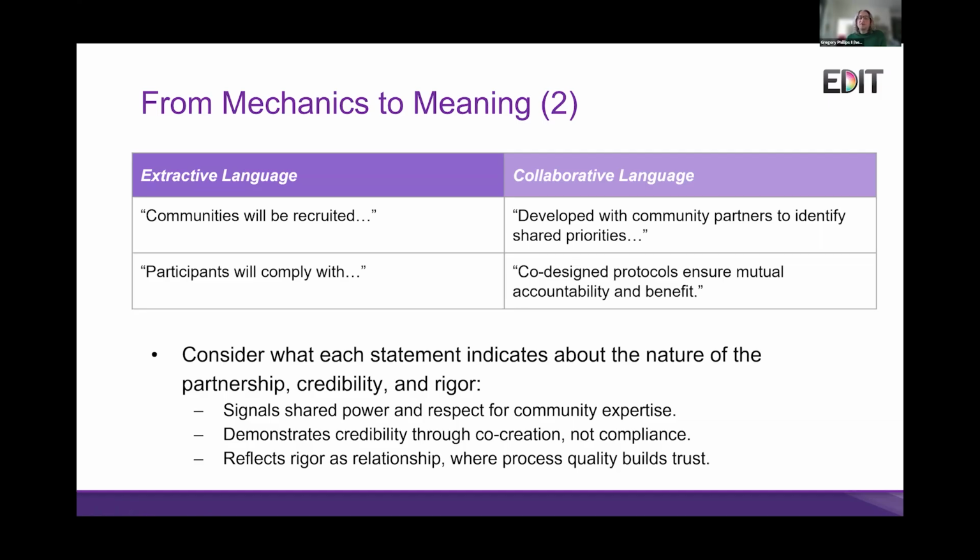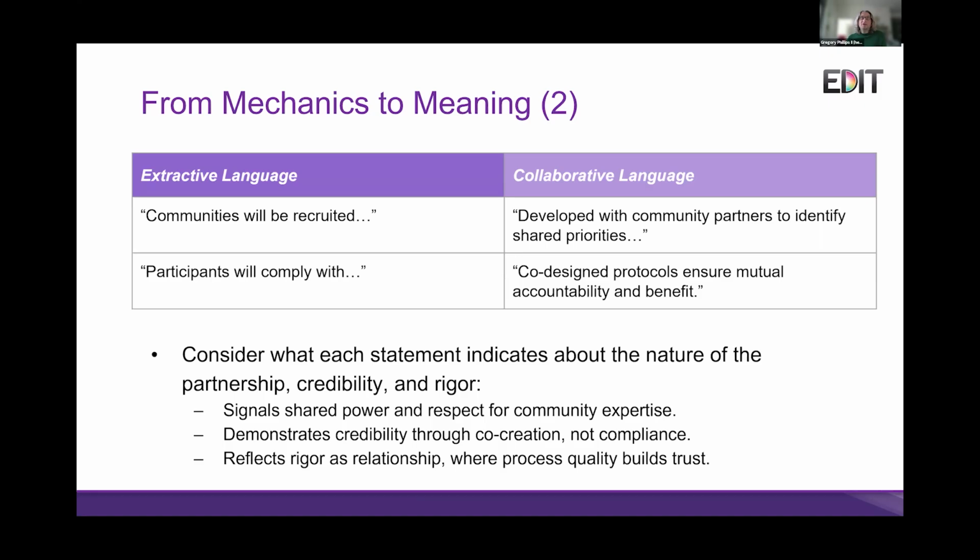So instead of "communities will be recruited," use things like "develop with community partners to identify shared priorities." Instead of saying "participants will comply with," say "co-design protocols will ensure mutual accountability and benefit." You can see the difference between these two where the one on the left, we're doing things on or to the community, the one on the right, we're doing things with the community, and that's what we want to be working towards in our proposals.